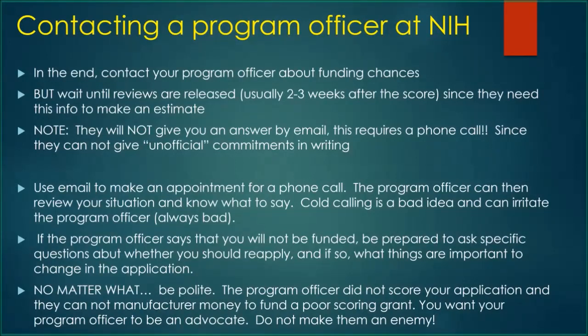You want them to think, well, if I have a little bit of end-of-year money, maybe I can fund this person. The last thing you want to do is make the program officer annoyed with you or make them an enemy. Because while if you're within the pay line, they'll still fund you, they're not going to go over and above and out of their way to fund you.